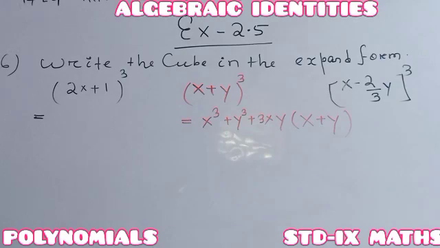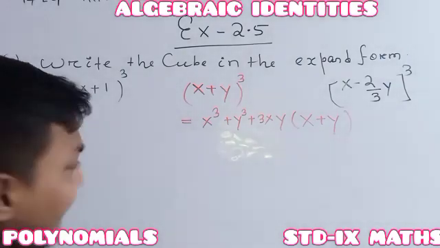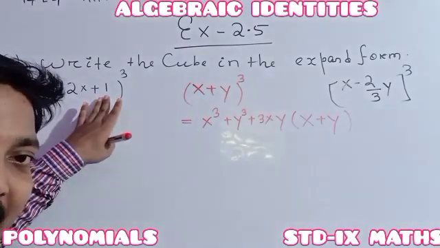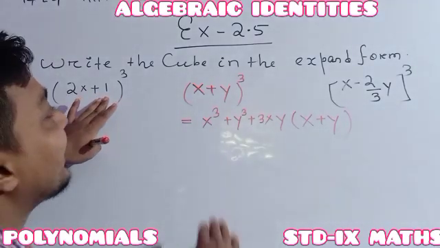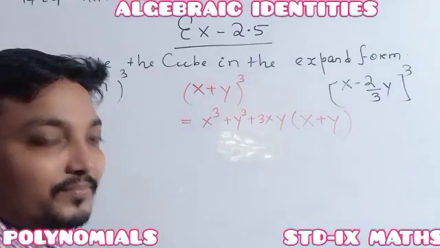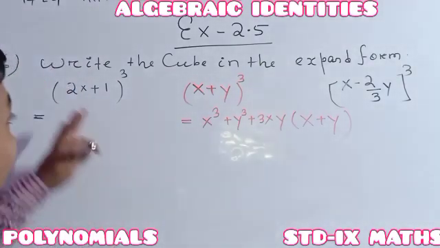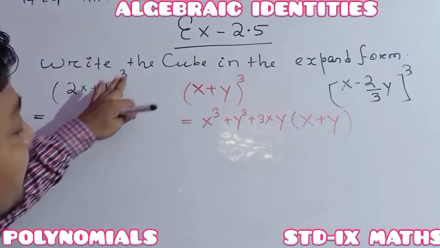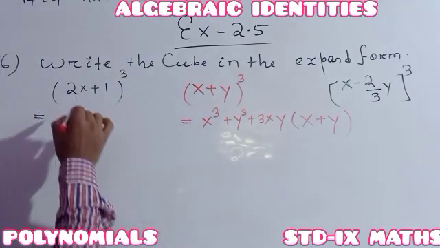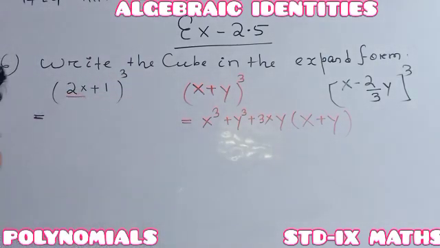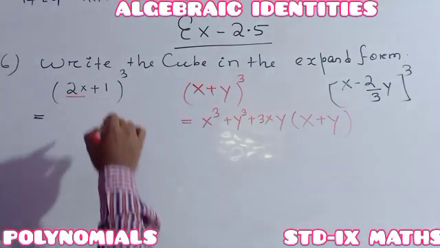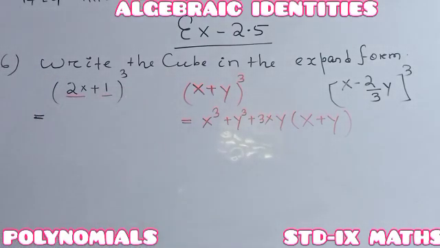So in this question the factorization form is given, and it is asked that you have to write down the expanded form. The important thing is we have to detect that it is in the form of a two-term cube. So the first term is this one, understood or not understood, and the second term is this one.